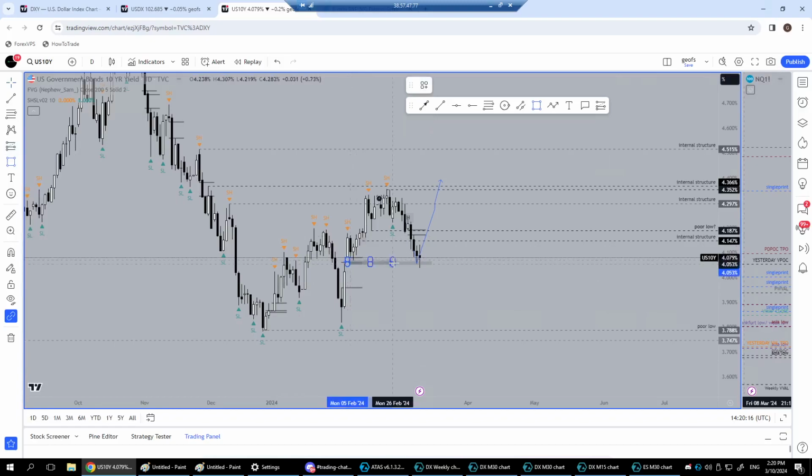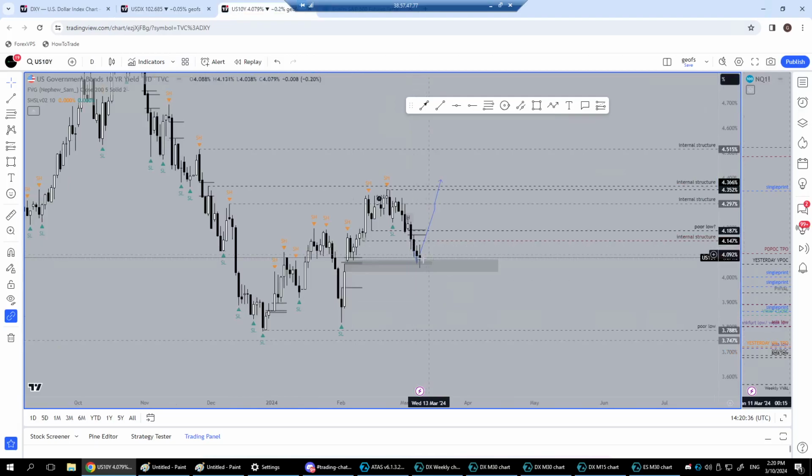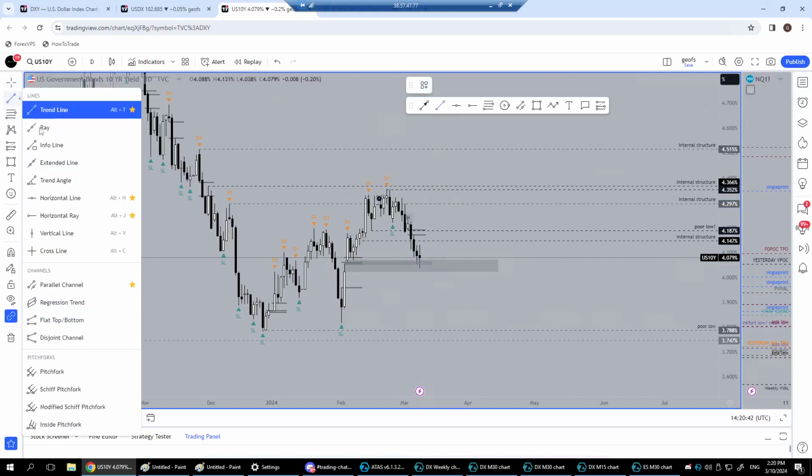I don't go into too much depth. I'm not going to draw out all the VPOCs on the yields and stuff. I tend to just look at the price action to say, okay, what are we doing? Okay, we're filling the gap, great. That gap fill fit nicely in with the dollar gap fill. So it's all lining up neatly for a reversal up. If that makes sense.